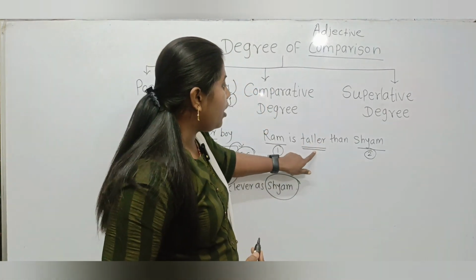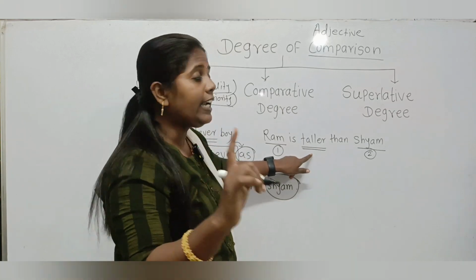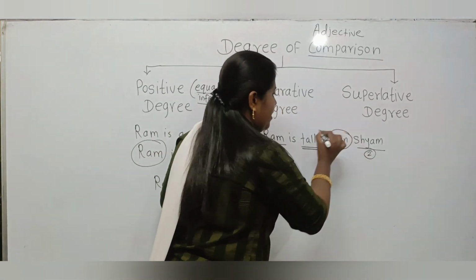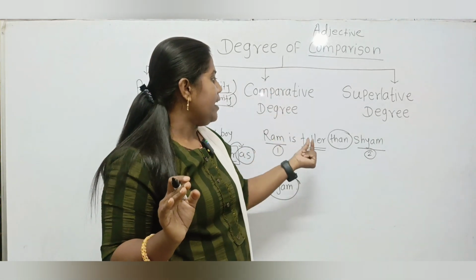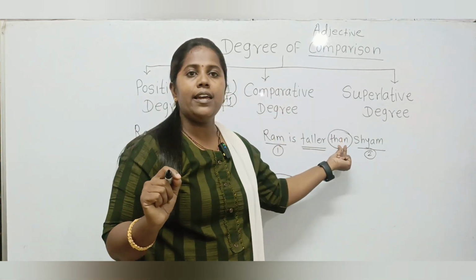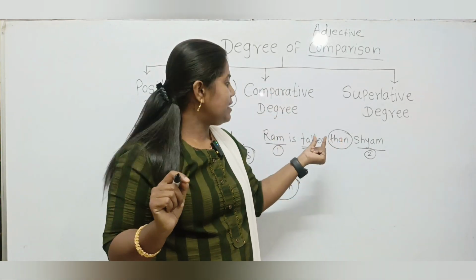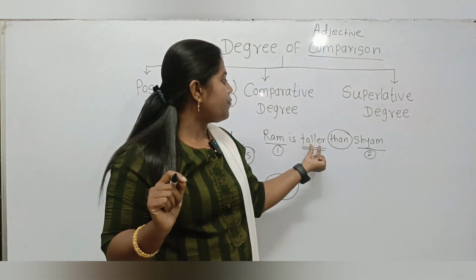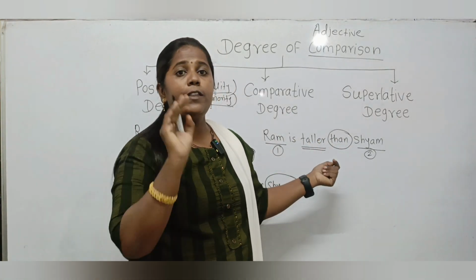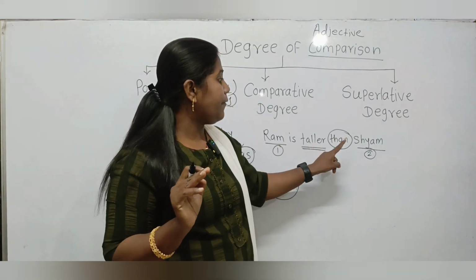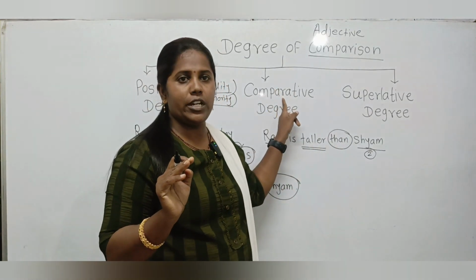And after this adjective, taller, definitely you will find than. It does mean what? You can say that in comparative degree, adjective is followed by than. If there is than after adjective, definitely that is comparative degree.